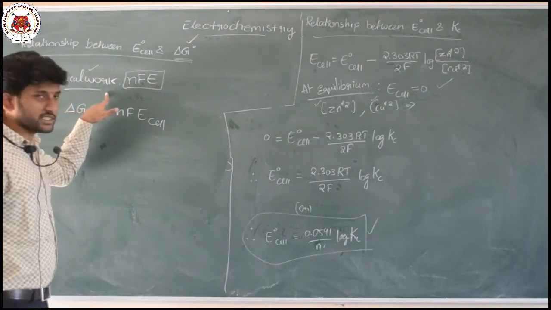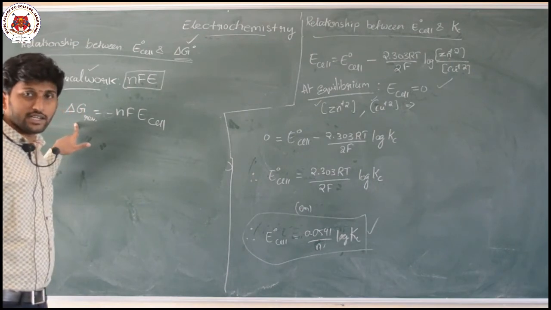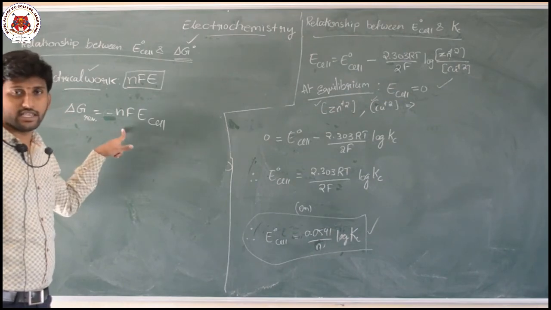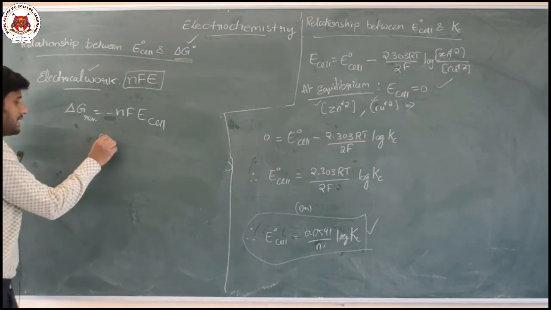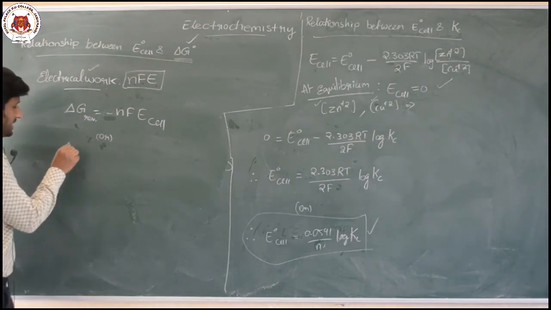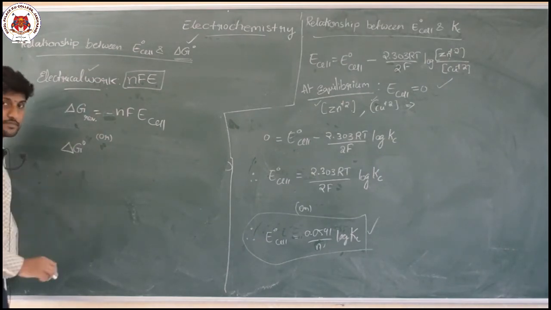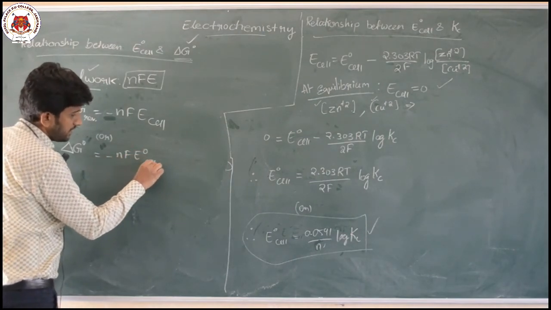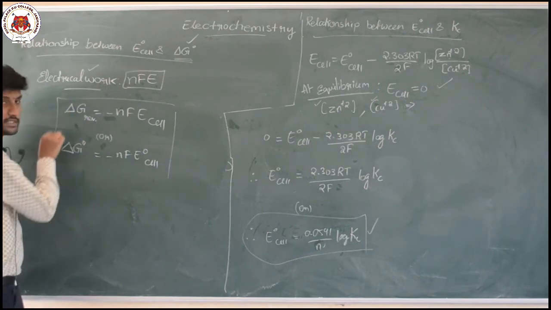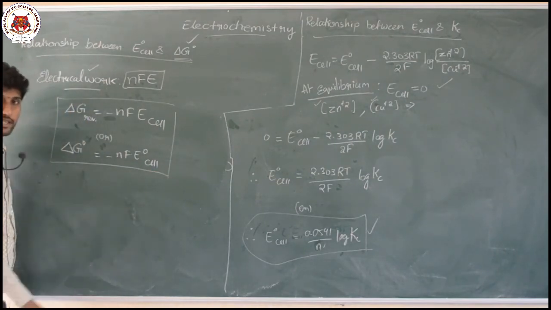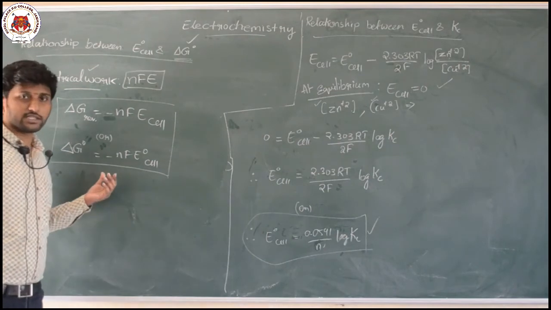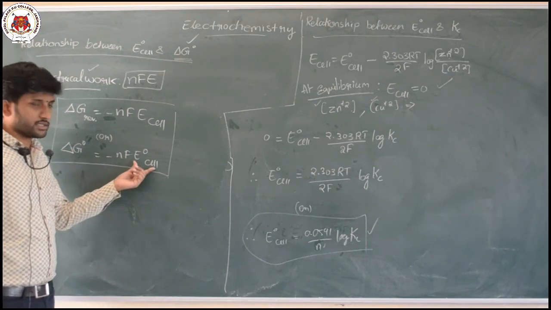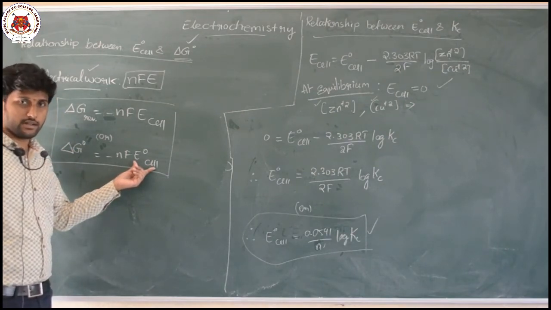Because this work is done by utilizing Gibbs free energy. That is why you should take the negative sign in this equation. Or I can write this as delta G standard is equal to minus nFE naught cell. E naught cell means standard EMF of the cell. So, this is the relationship between Gibbs free energy and E naught cell of the galvanic cell, okay.